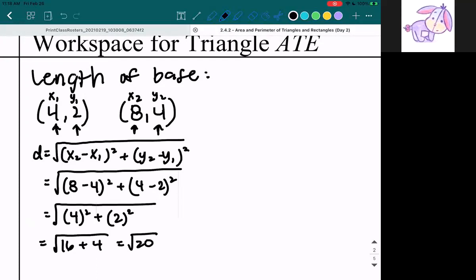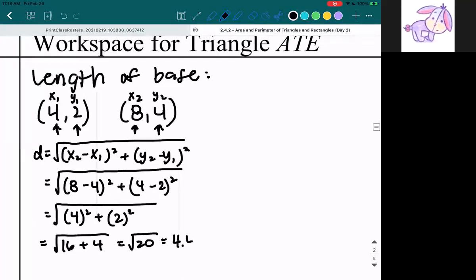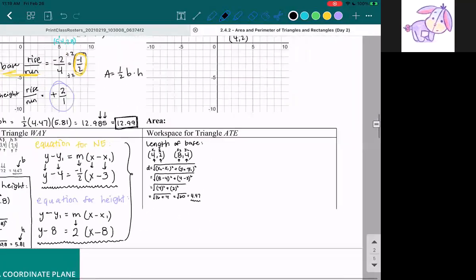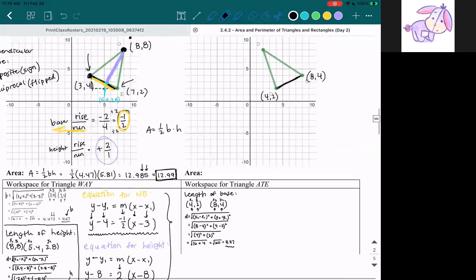And that gives us the square root of 20, which I know we've done before, but I cannot remember it off the top of my head. So that would be 4.47. Okay, here is the length of our base. I'm going to label that on our graph. Okay, so this is 4.47 as our base.